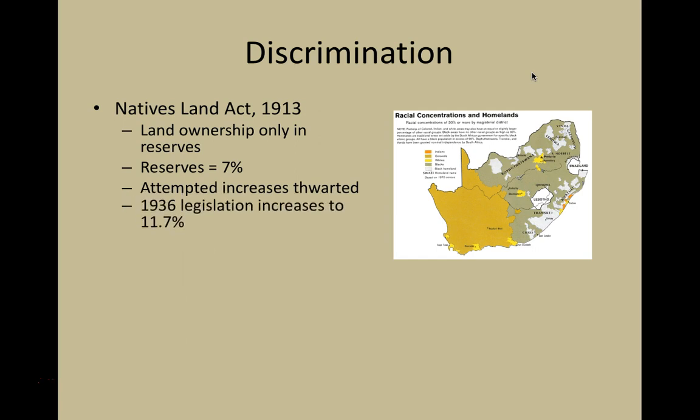At its height, a piece of 1936 legislation increased the total area of reserves to 11.7% of the total landmass of South Africa. Under apartheid, this would grow only to 13%. This all the while as the black population was growing precipitously with a much higher birth rate than the white population.